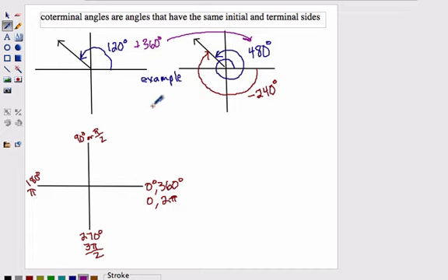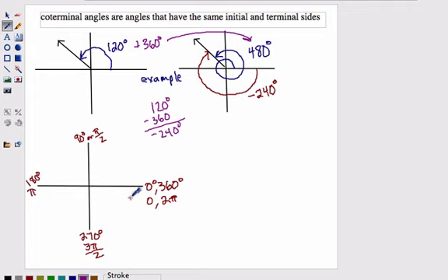Well, if you take 120 degrees and subtract 360 from it, you get negative 240 degrees. And that is our coterminal angle to 120. 480 degrees is also coterminal to negative 240 degrees. There's a whole bunch of angles that will be coterminal here. These are just a few examples.